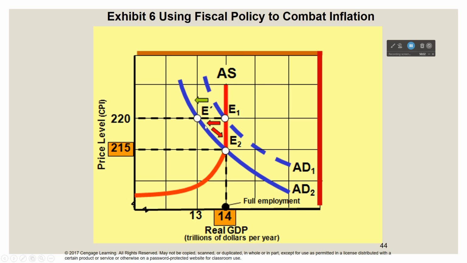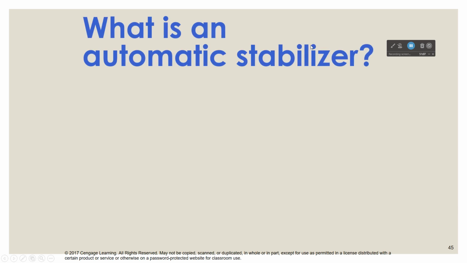As prices fall, the quantity demanded increases, and that brings us back down here to E2. In this case, output is still $14 trillion because we're on the classical range, but that price level has come down from 220 to 215. So we can use fiscal policy to combat inflation in the Keynesian model here.